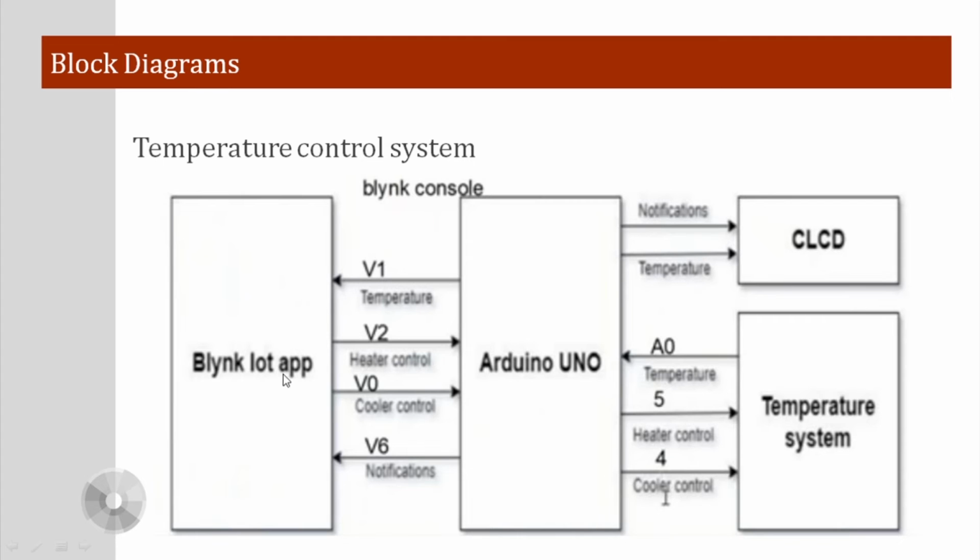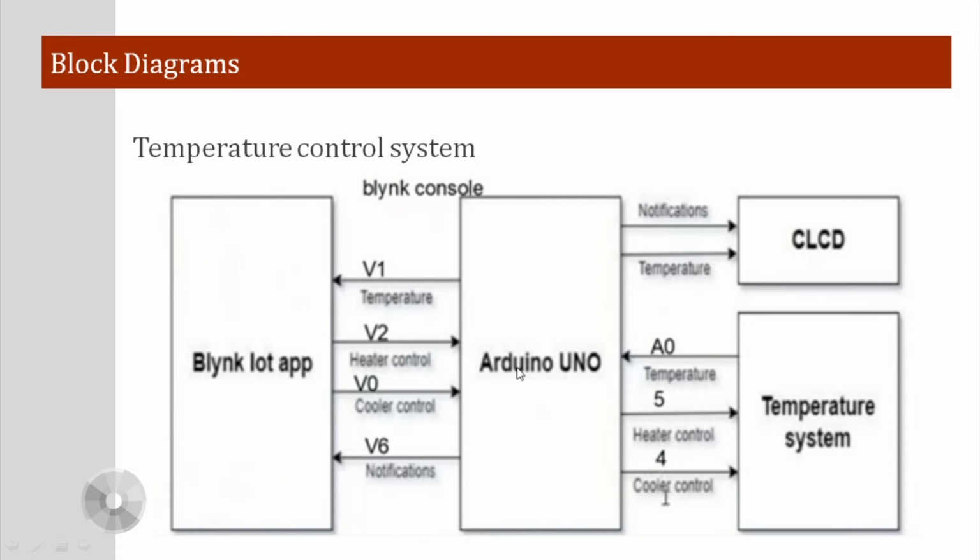So here, first from the Blynk IoT app, we send the instruction heater control through the V2 pin, and cooler control through V0, meaning turning on or off in the Blynk IoT app. From there it goes to the heater control and cooler control.